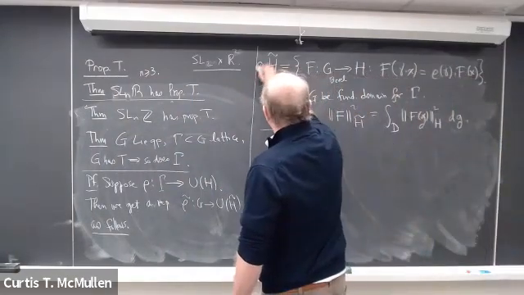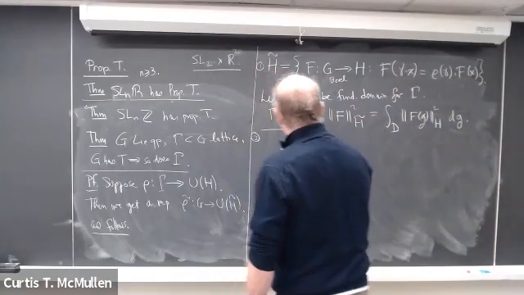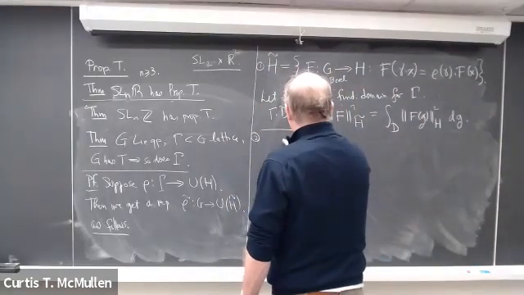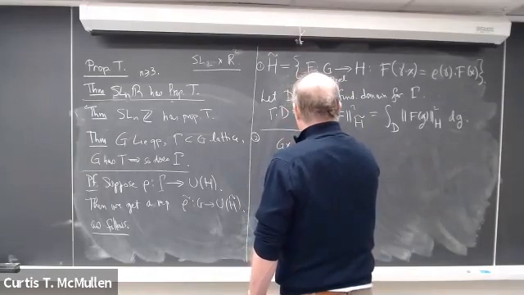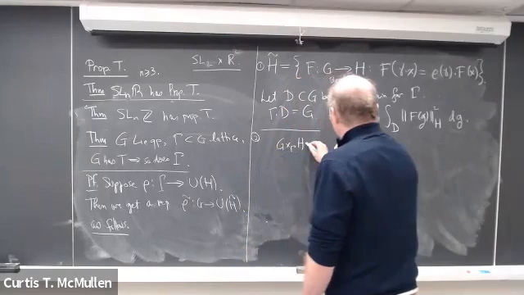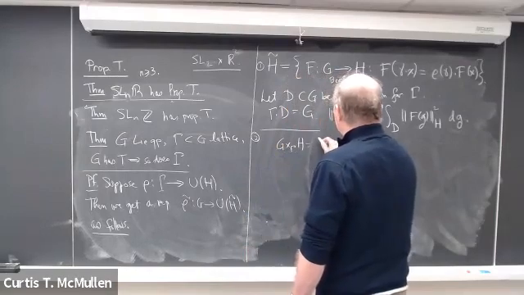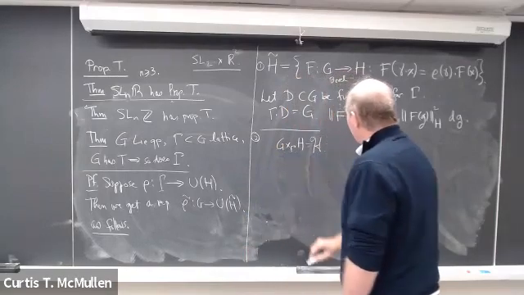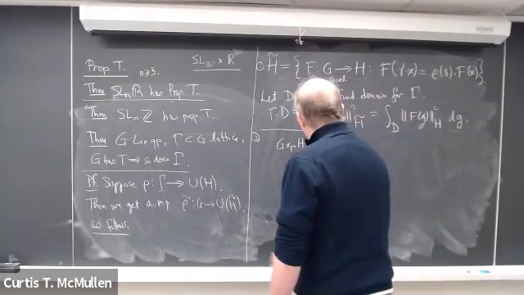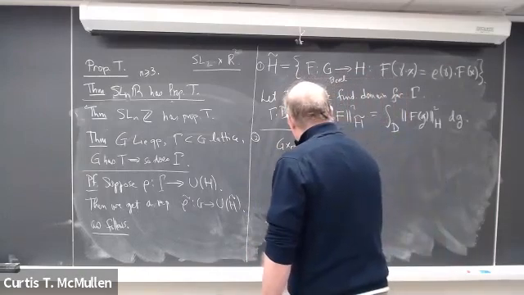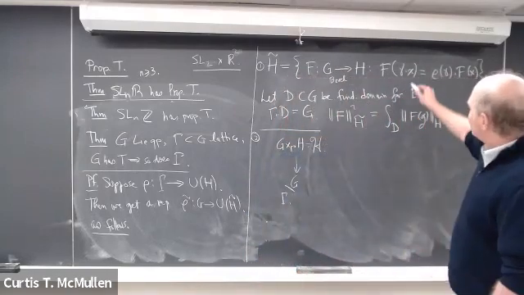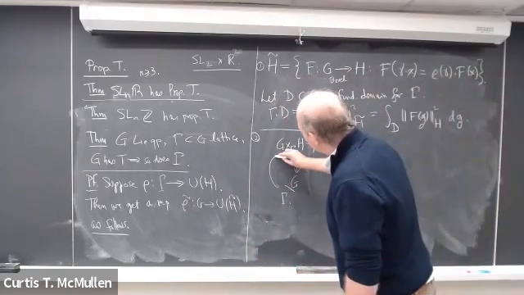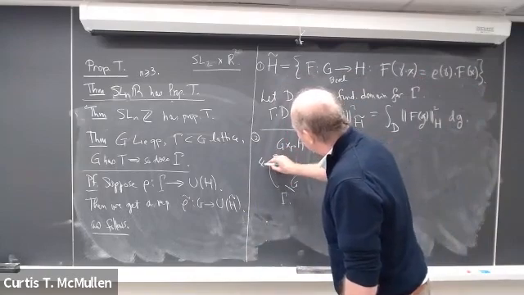So this is the first presentation. The second presentation is you build a space which you might describe as G cross H over gamma, which is some Hilbert space bundle, call it curly H, and this sits over G mod gamma. And then these F can be interpreted as sections of this bundle.